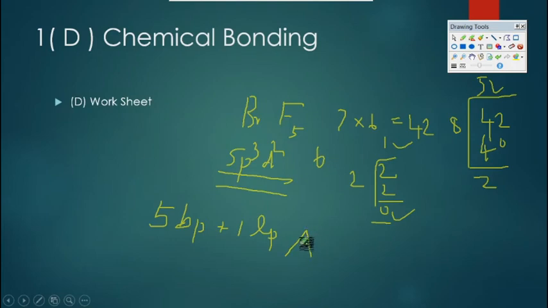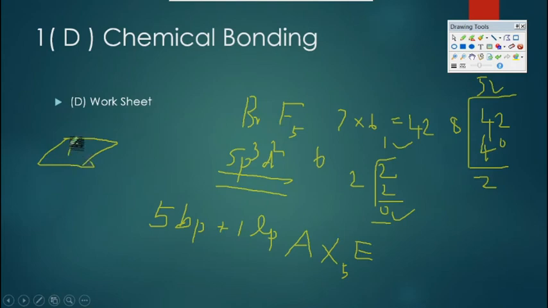So in VSEPR notation we have AX5E type: 1 lone pair, 5 bonded pairs. And these 5 bonded pairs only decide the shape of the molecule according to VSEPR theory. Including the lone pair, according to hybridization, we have an octahedral geometry.